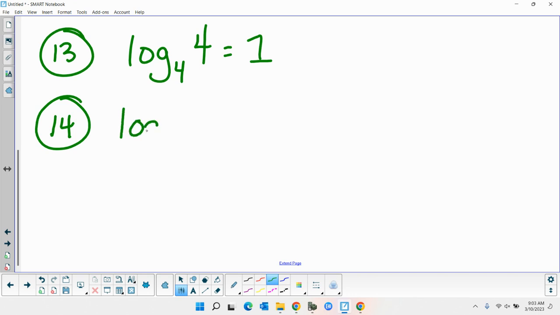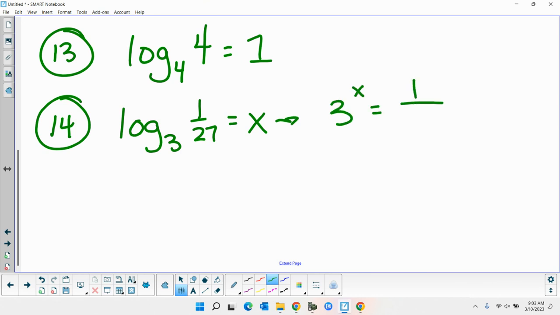14, log base 3 of 1/27. I told you to write it as equals x on these, and then rewrite it as exponential, just like you did up above. Now, 27 I need to write with a base of 3. So, in your head, you should be able to go 3 times 3 is 9, times 3 is 27.